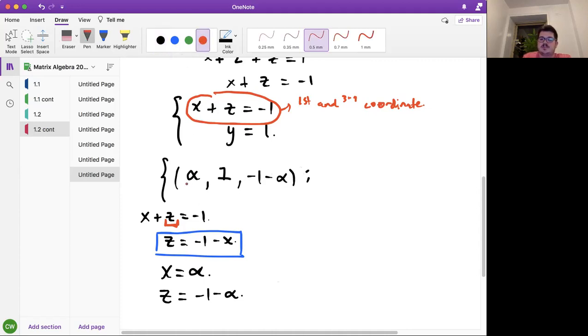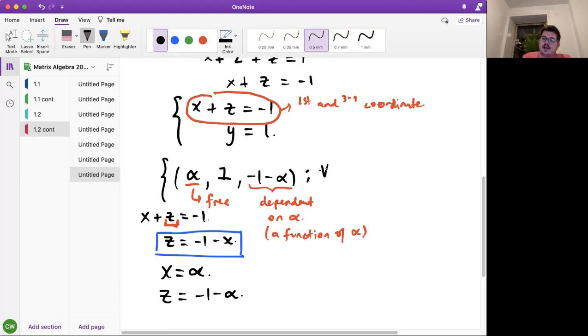So x is free to be anything, as long as the third coordinate is dependent on alpha. So that's why it's a function of alpha. So for any alpha in R, this is a solution.